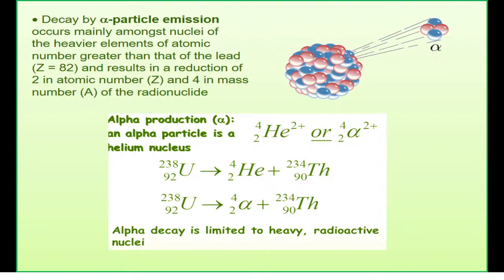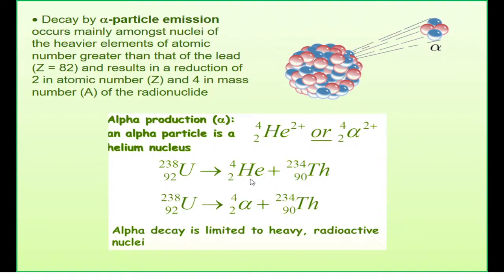You can see that the alpha particle is actually a helium nucleus. These are examples of alpha particle emission decays. You can see these are very heavy nuclei, as well as these and these.